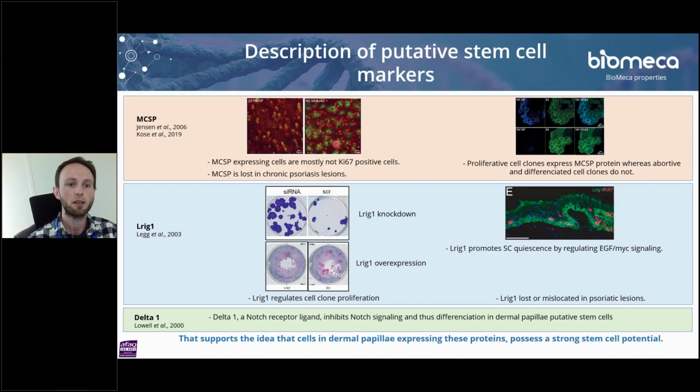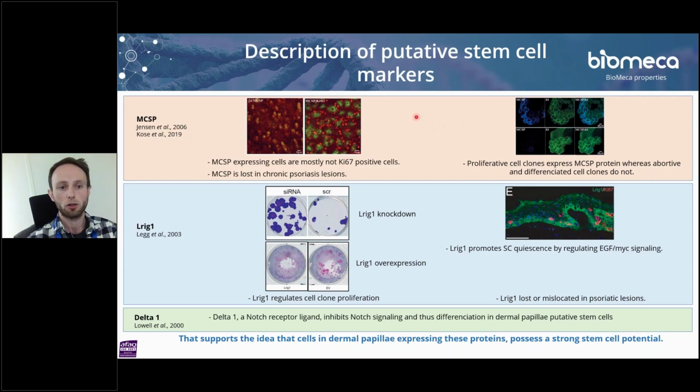In the same manner, cells that express MCSP in the intrafollicular epidermis do not express or less express the Ki-67 marker protein in red, and this indicates that these cells expressing MCSP proteins are quite quiescent cells.